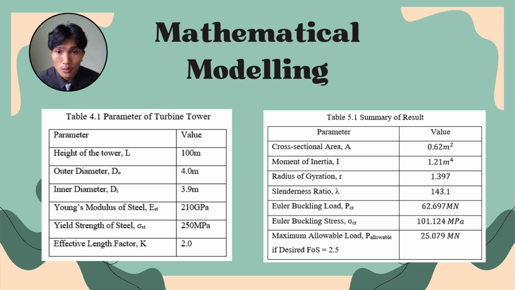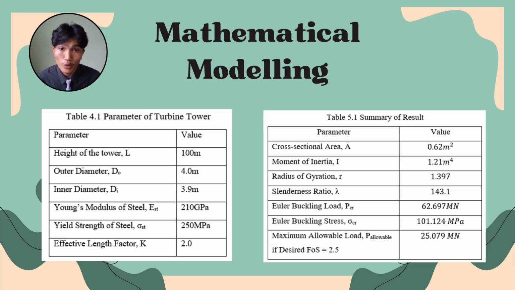Although we assumed the tower is long and slender early on, we still calculated the radius of gyration and the slenderness ratio to validate that assumption. The slenderness ratio came out to be 143.1, thus exceeding the usual threshold of 120. This justifies using Euler buckling theory.